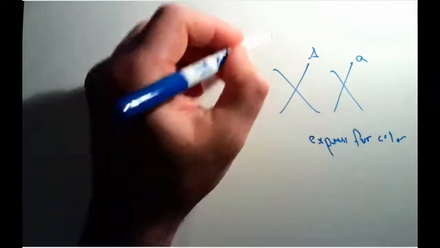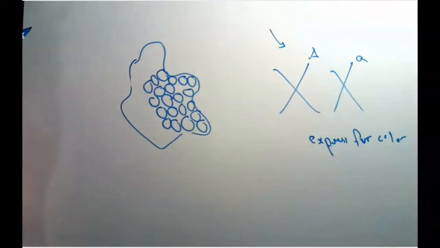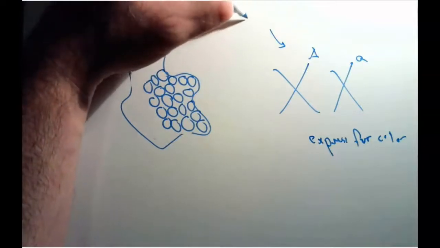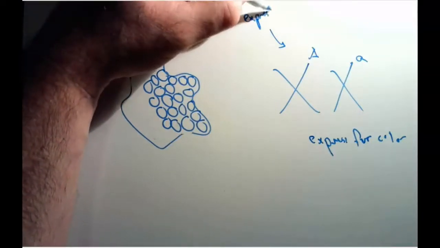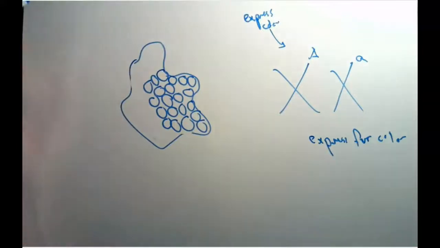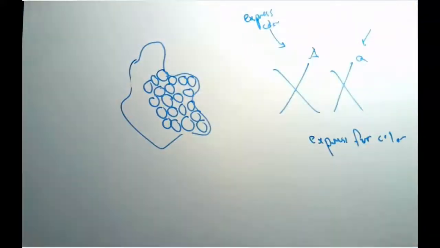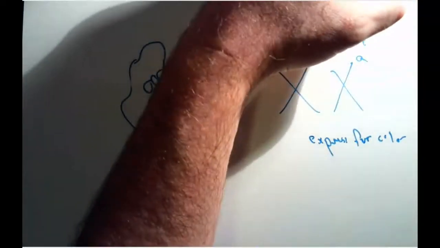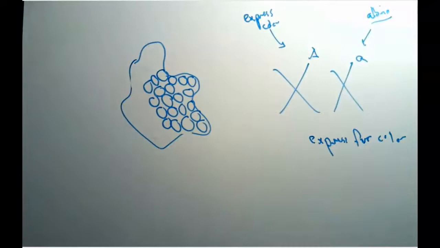So if they're dominant, those cells express color, meaning you get a patch of colored fur. However, the recessive trait is the inability to express fur color, or essentially, just to simplify it, an albino patch, a white patch of fur.